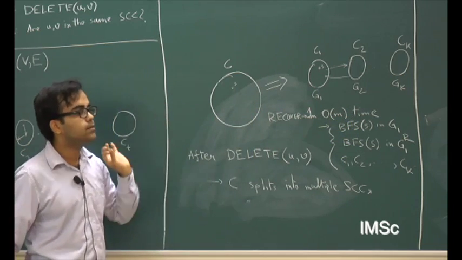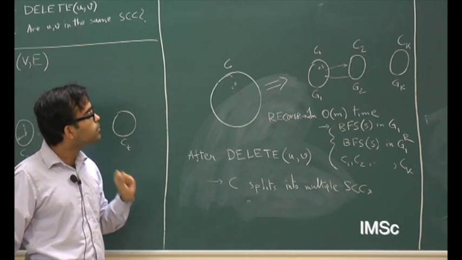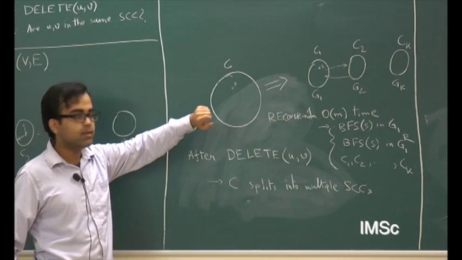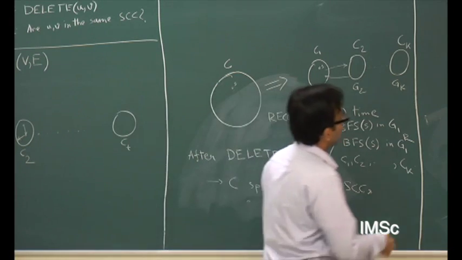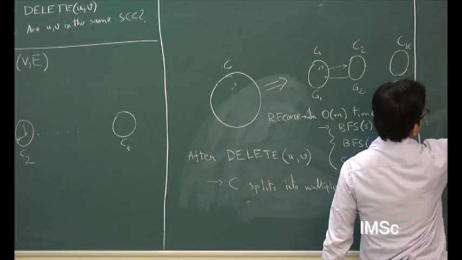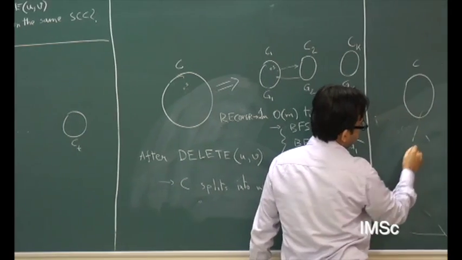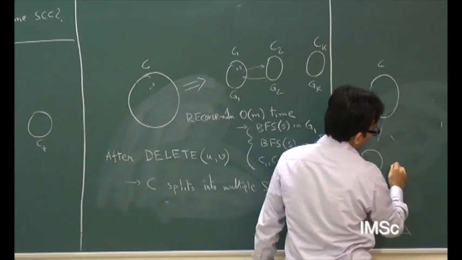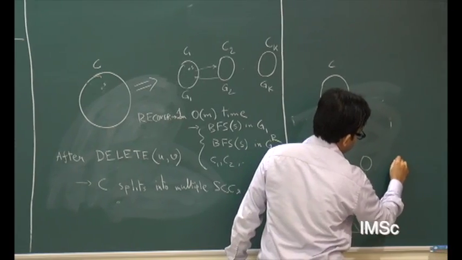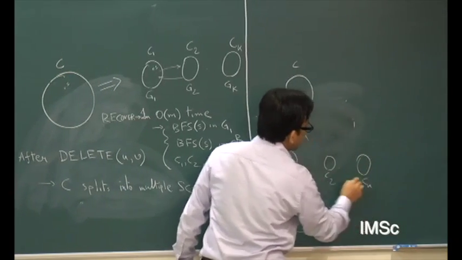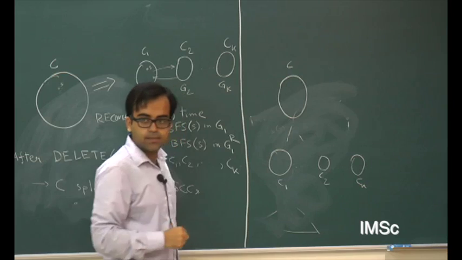Now, here comes the basic intuition. Suppose we were lucky enough that when this thing splits into C1, C2 till Ck, these connected components will be of varying sizes.